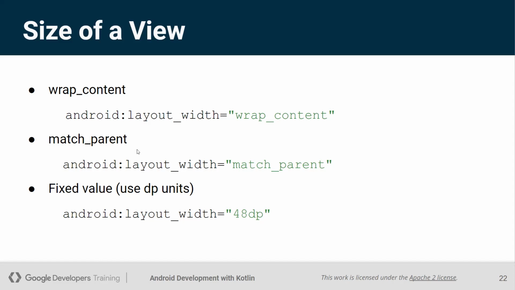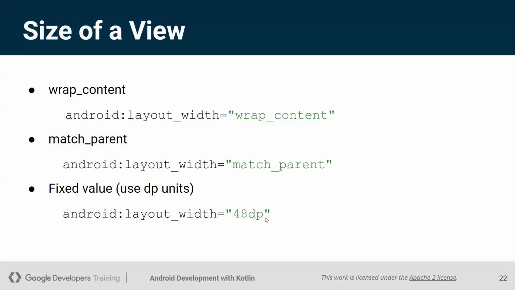Match parent means that the boundary of the view will be defined by the parent on top of which the view is placed. So if we have match parent, that means we have to match the width with the parent's width. Fixed value means that we can give a layout width based on the width that we want to define in terms of density pixels.